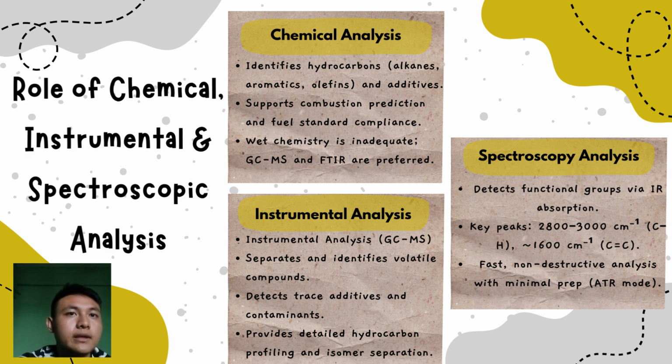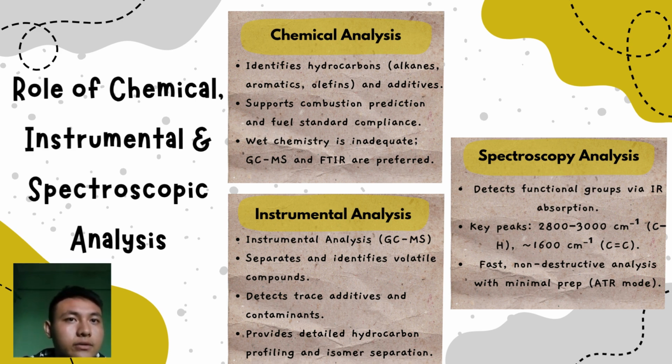In the instrumental analysis, GCMS played a key role in separating and identifying specific compounds. It allowed us to detect even trace levels of contaminants and distinguish between structurally similar molecules. This level of detail helps validate fuel grade and performance.